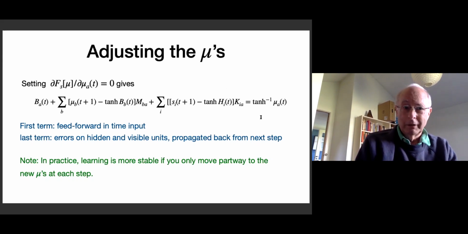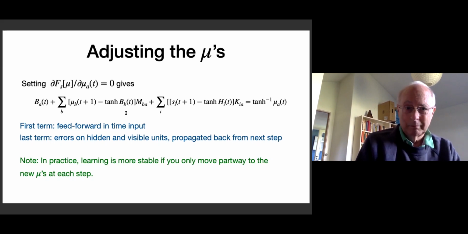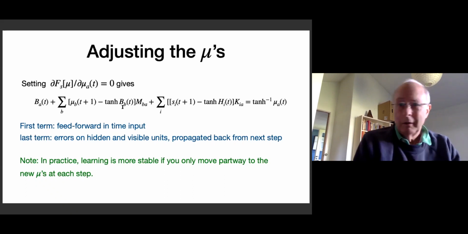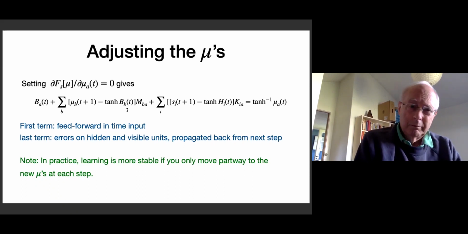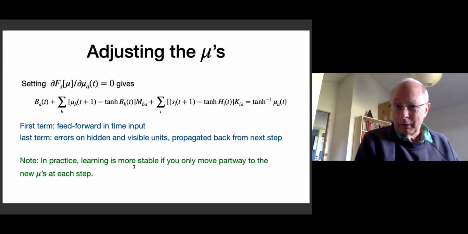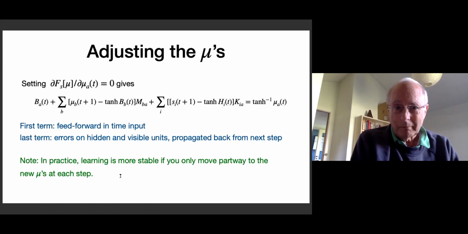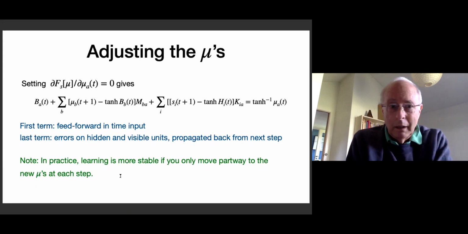So you get this equation, and you should solve this equation for mu. Ideally, each step you get a new mu from solving this. We found that's sort of unstable, so we fixed that by the simple kludge of only going partway toward the new mu. I won't go into any more details about that. So now we have both parts of this learning that we do.